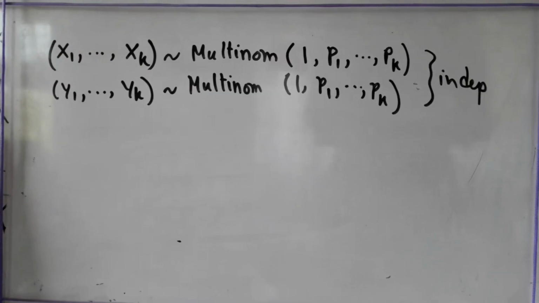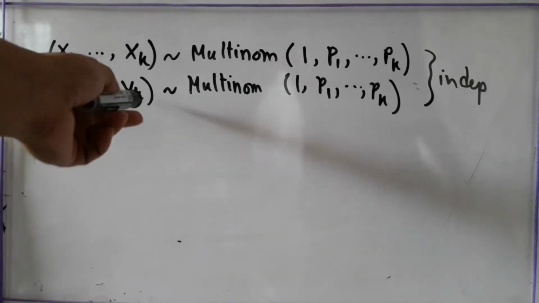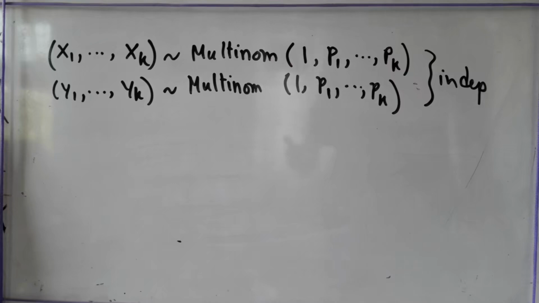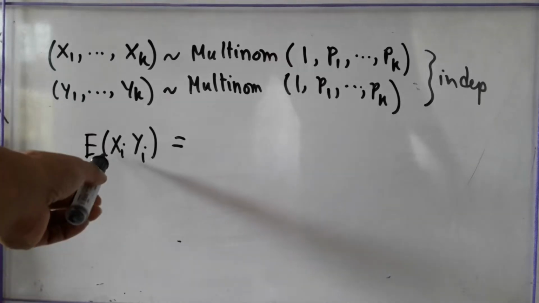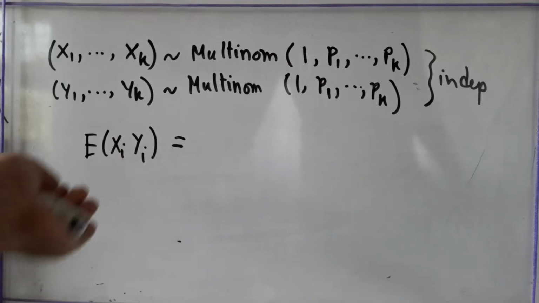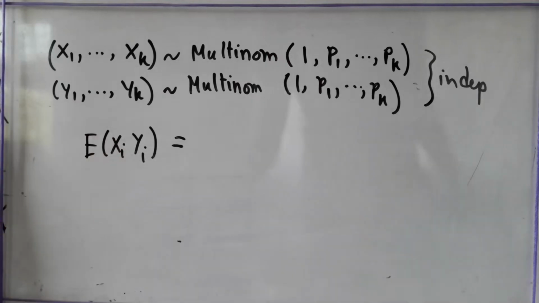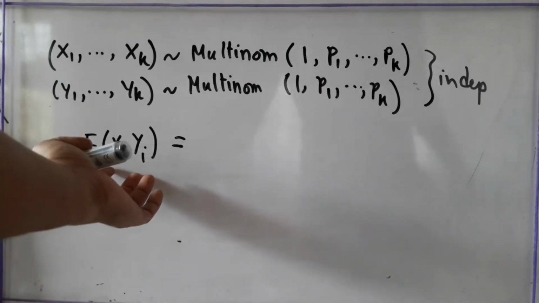So again I have got y1 to yk, exactly one of them is 1 and the others are equal to 0. And there are two different rolls, so I have assumed that they are independent. In that case, the expectation of xi times yi, remember all these things are indicators, either 1 or 0. So this is also 1 or 0.